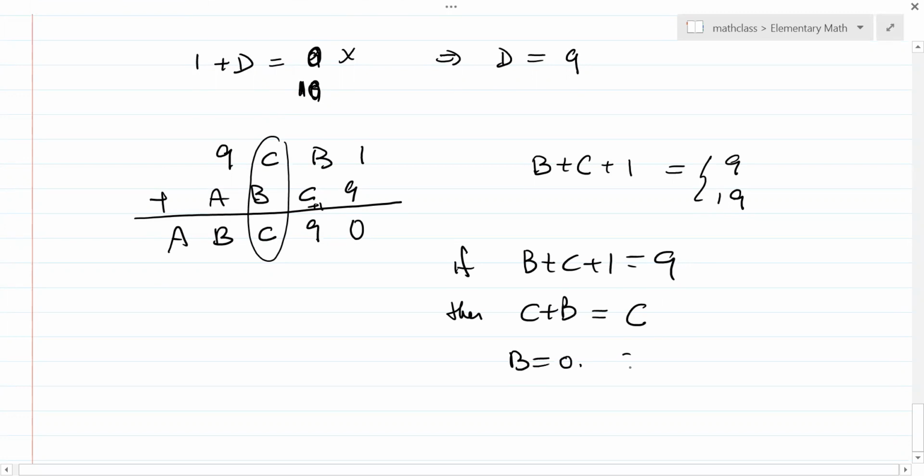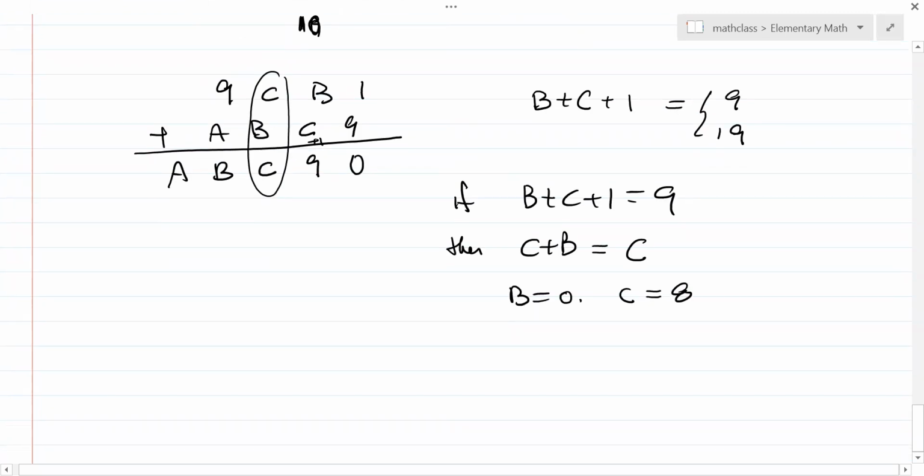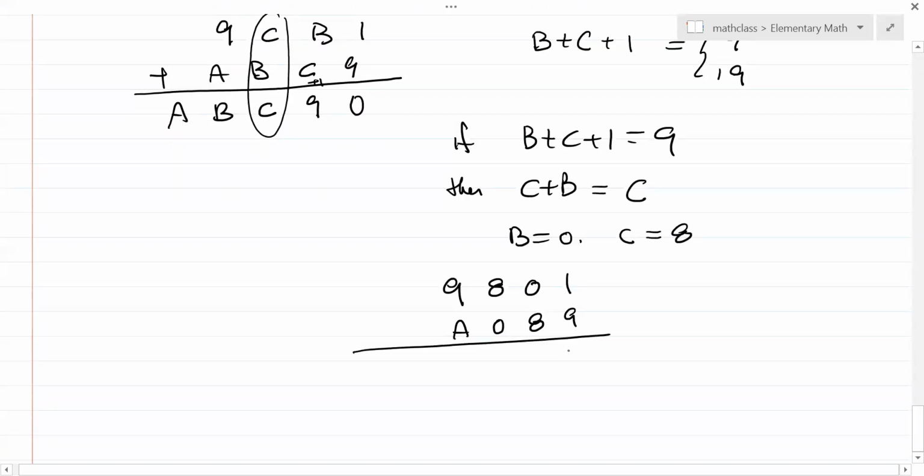C should be equal to 8, and that works. Then you get 9, 8, 0, 1, and then 8, and 0. C is going to be 8. Then you can quickly figure out it's 9, and then 8.